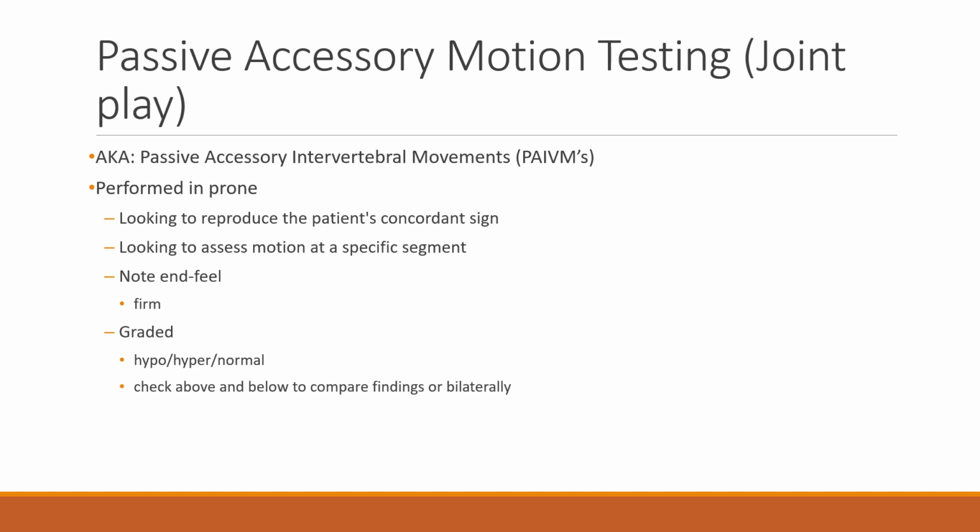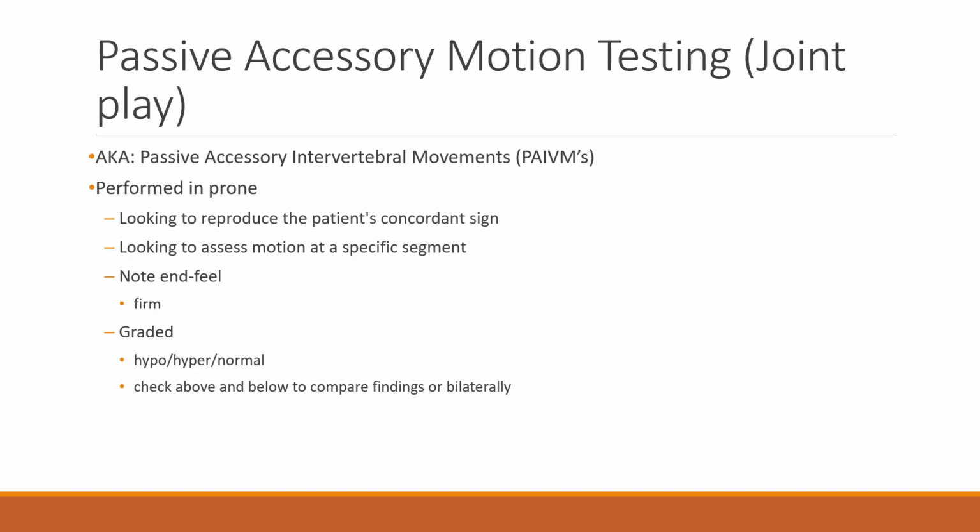Number one, we're looking to see if we can produce the patient's concordant sign. Can we reproduce the patient's primary symptom complaint with our passive accessory intervertebral movement assessment? We can also assess motion at a specific segment, and we can grade that motion as being hypo, hyper, or normal.